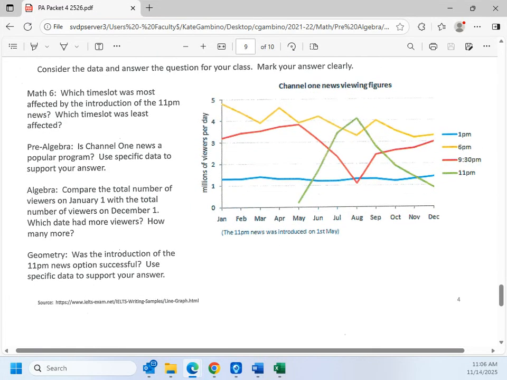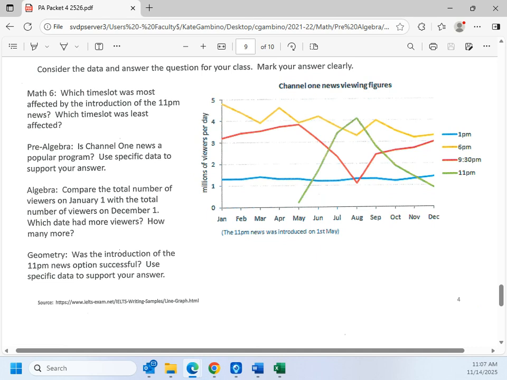Then we have a data page. Is Channel 1 News a popular program? Use specific data to support your answer. So these are all Channel 1 News, the 1 o'clock news, the 6 o'clock, the 9:30, and the 11 o'clock news. We have the months of the year, and we have millions of viewers per day.